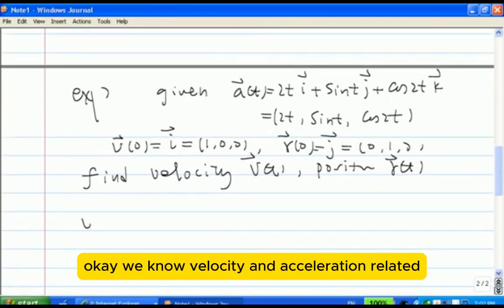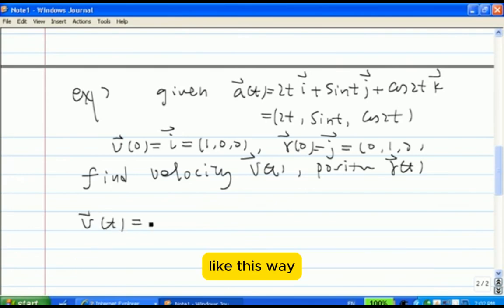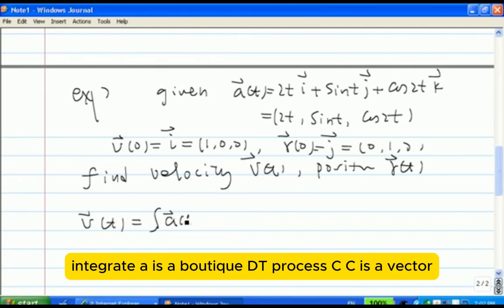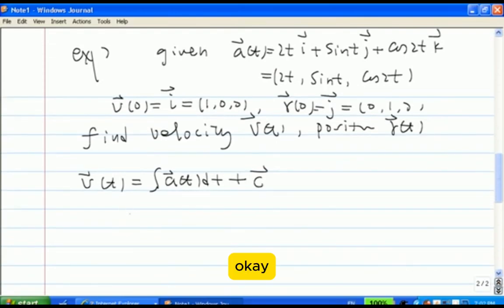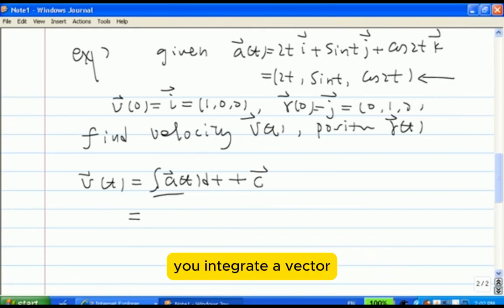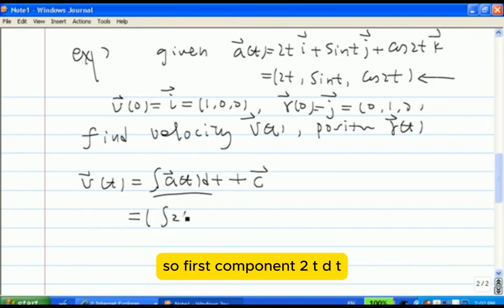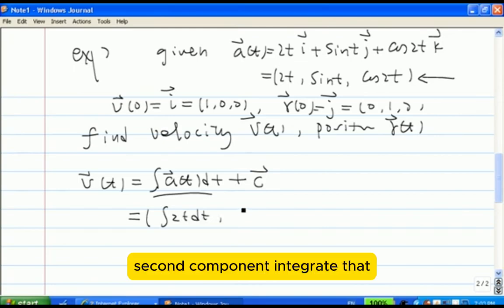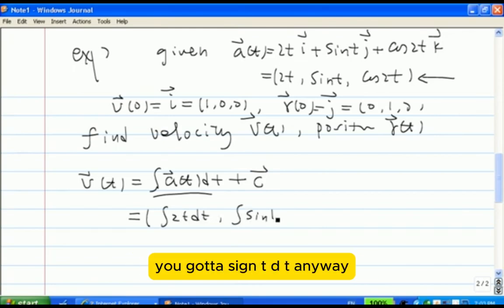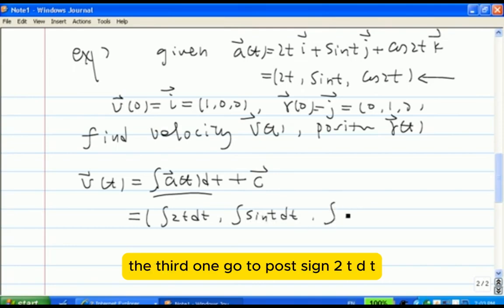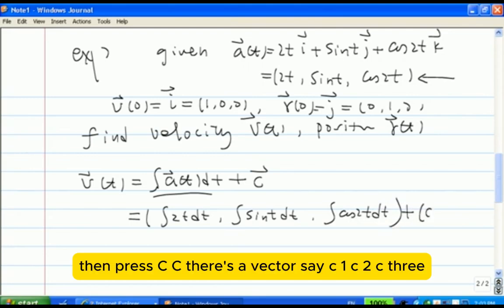Okay, we know velocity and acceleration are related this way: integrate a of t dt plus c. C is a vector. Here is my a. You integrate a vector by integrating each component of it. So first component 2t dt, second component sine t dt, third component cosine 2t dt, then plus c, where c is a vector, say c1, c2, c3.